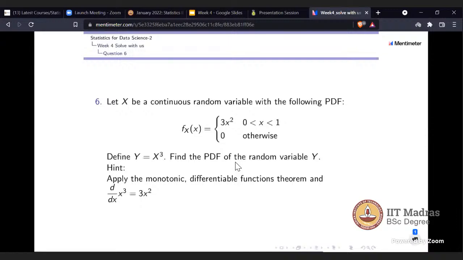The function y here should be monotonic in the support of x. If that happens, then you can write fy of y as 1 upon g dash of g inverse y, and in the numerator it should be fx of g inverse y.